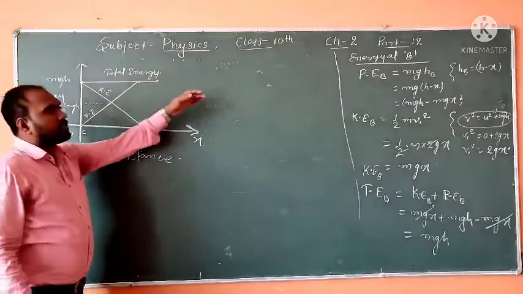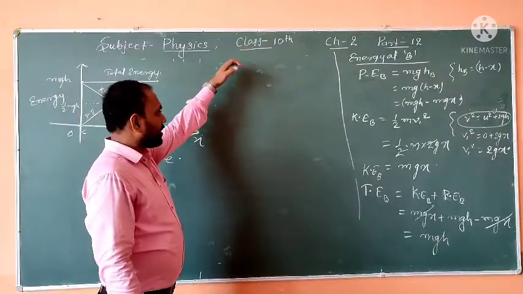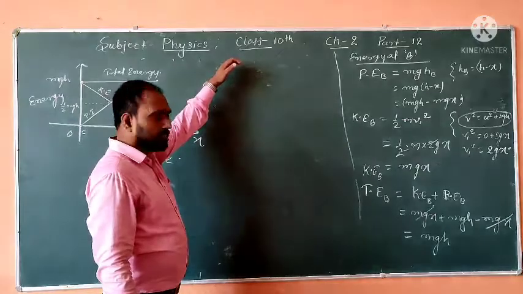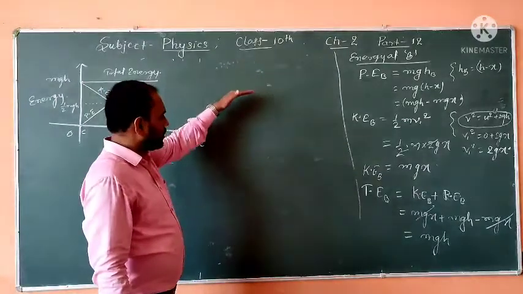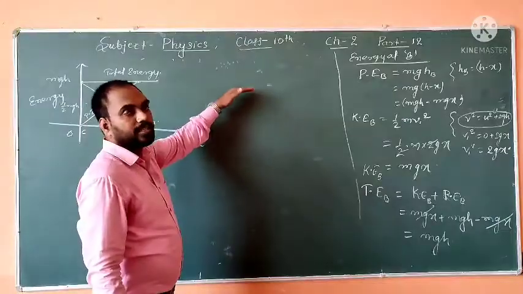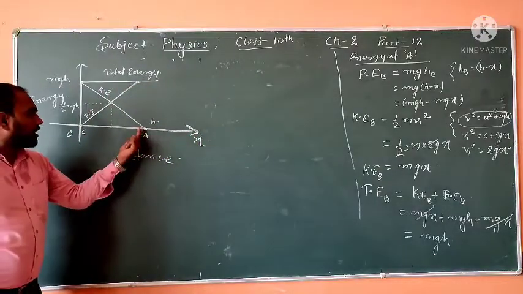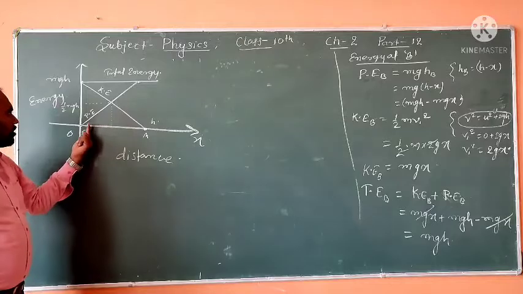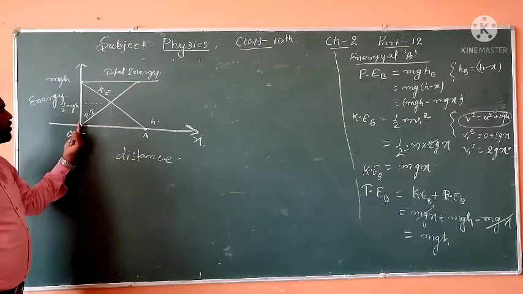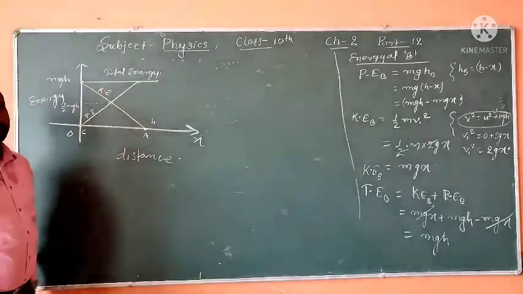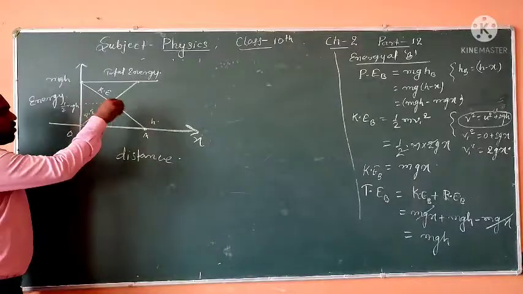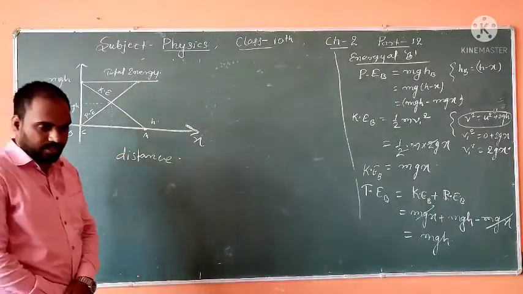When the body was above, there is no kinetic energy, only potential energy, which decreases as the height of the body decreases, as the diagram says. On the decrease of height, the potential energy decreases while the kinetic energy increases. I hope you are able to understand this diagram.